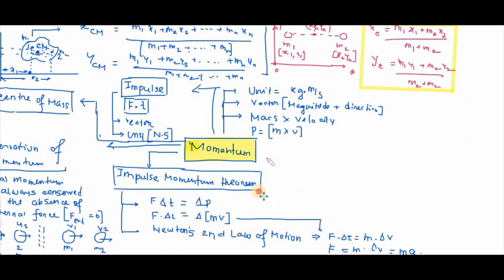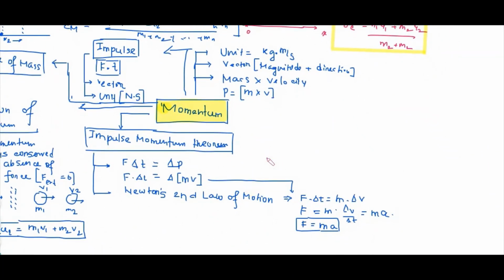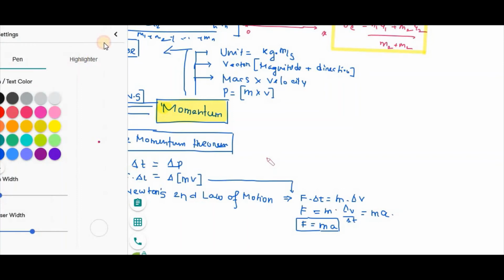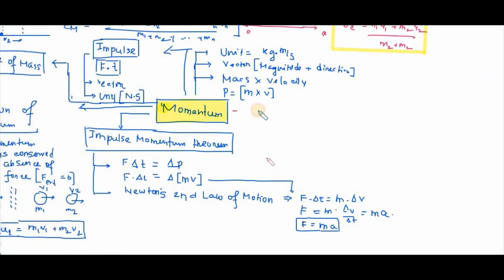After that, in the case of momentum, the most important thing we are going to discuss is collision. Collision means two objects are colliding with each other, and they might move along the same line before and after the collision, or along different lines.